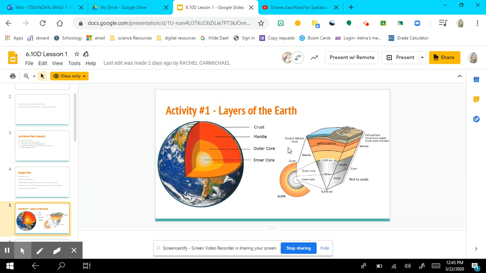Now, the lithosphere is the crust and the upper mantle. What happens inside the mantle that makes our plates move? Remember, we talked about that. It's a type of circular movement. We have a specific name for that. So go ahead and try and think about what that specific name is.